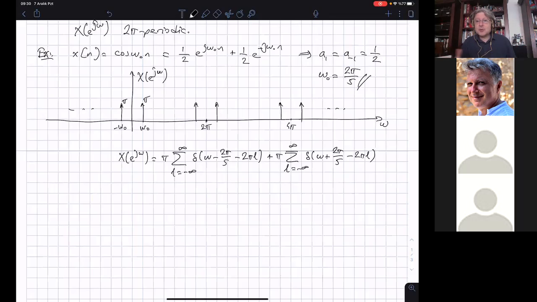So it would be a major mistake, and you will get nothing out of this question if you make that kind of a mistake. Okay, so be careful about that. Don't forget to extend it to become 2 pi periodic.